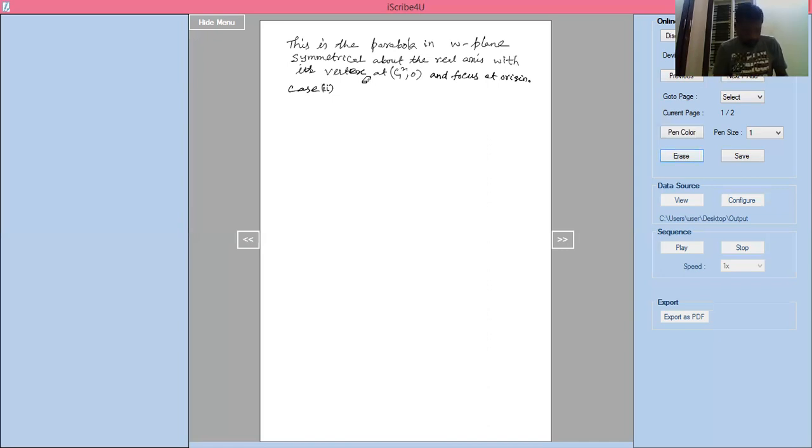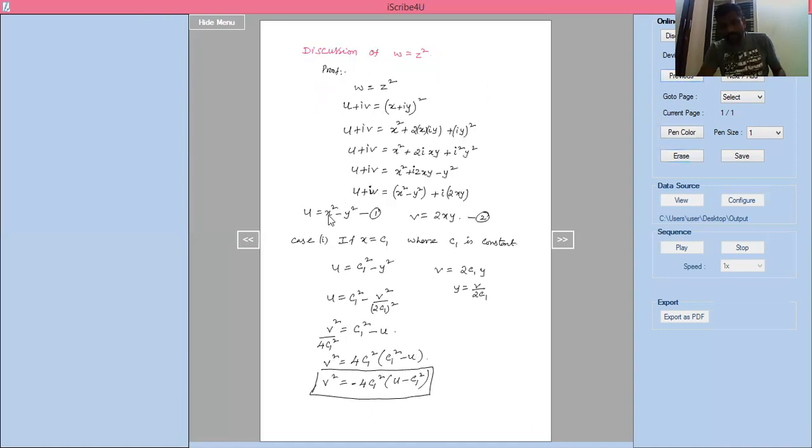Next, case 2. Let Y equal to C2, where C2 is a constant. We know from the previous slide that U equal to X square minus Y square and V equal to 2XY.